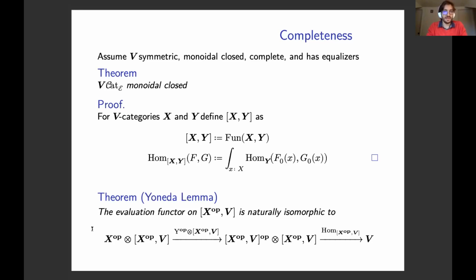We have that the category of V categories is monoidal closed, and I should specify it is monoidal closed as a standard external monoidal category. So this is not about the internal monoidal closedness of V, but this is enough to express the Yoneda lemma.